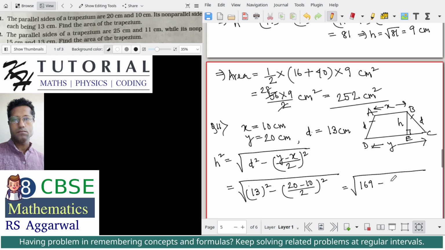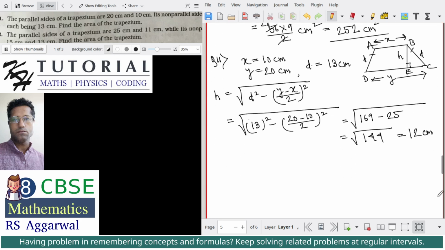And 20 minus 10 is 10. 10 by 2 is 5, 25. So this is square root of 144, which is 12. This is not H square but H. The formula is H square is equal to D square minus (Y minus X by 2) whole square. So H will be square root of D square minus (Y minus X by 2) whole square. So we have H is equal to 12 centimeter.